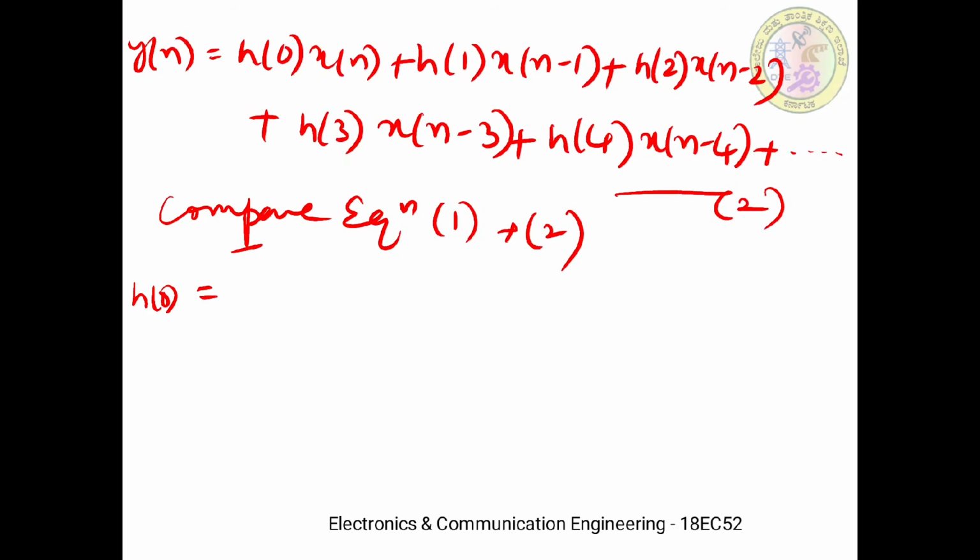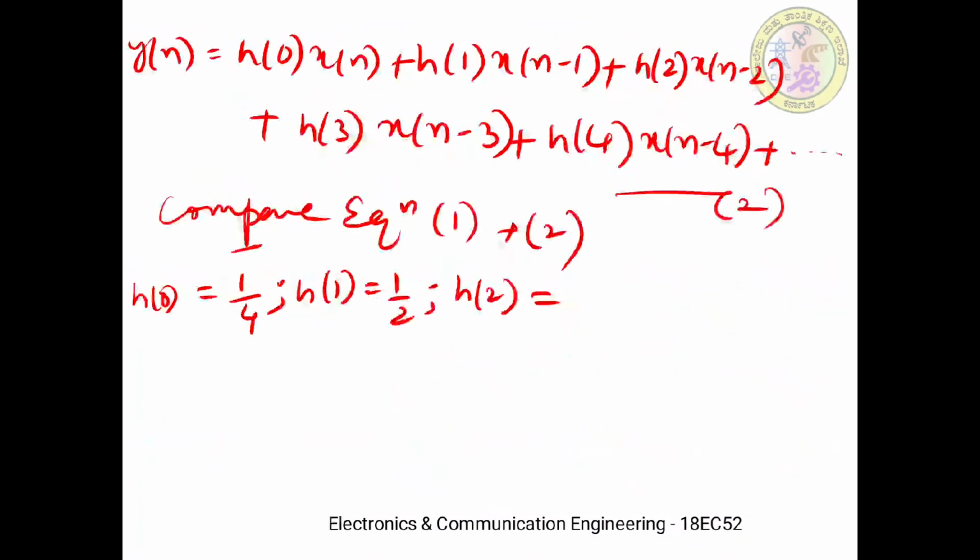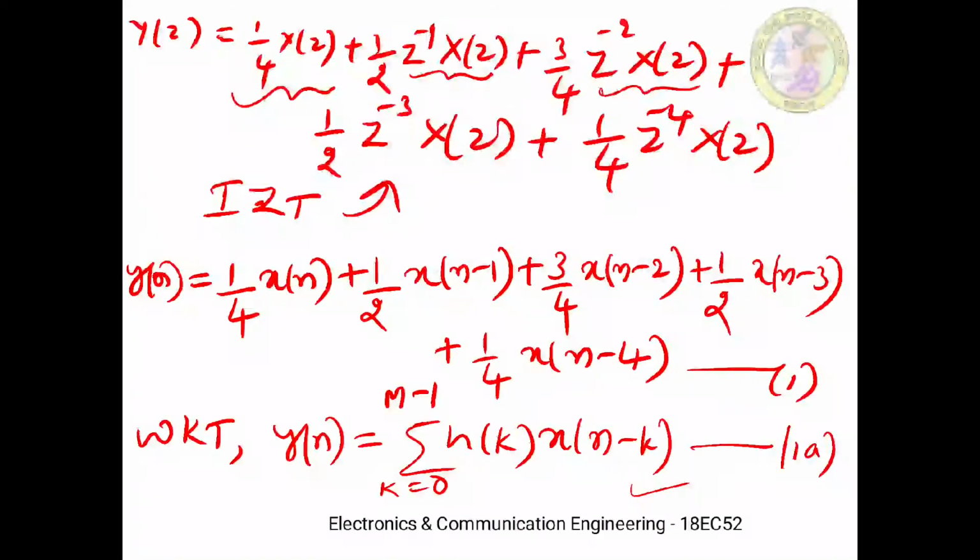So therefore by comparison it is just possible to write all the coefficient values like this. h of 0 is nothing but 1/4, h of 1 is nothing but 1/2, h of 2 is again 3/4. Similarly h of 3 is again 1/2, and the last one, h of 4, is again 1/4. So we have just listed these coefficients, that's all.